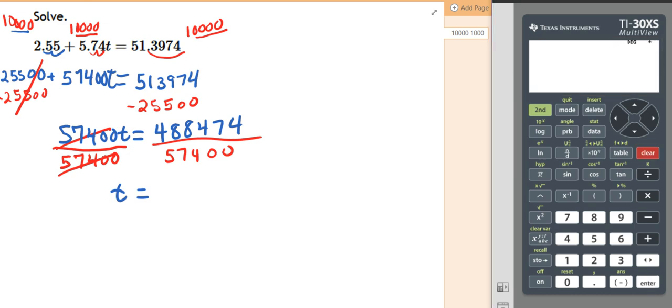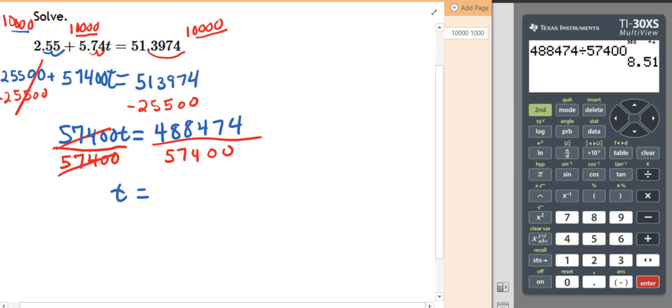That's a good practice. Make sure you put it in top to bottom. So 488,474 divided by 57400. Enter. And you get 8.51. Right, so that is by clearing the decimal.